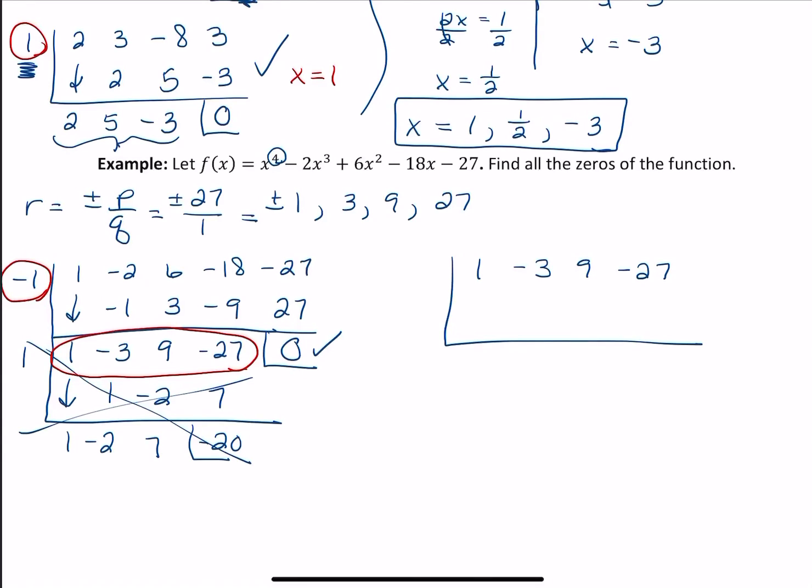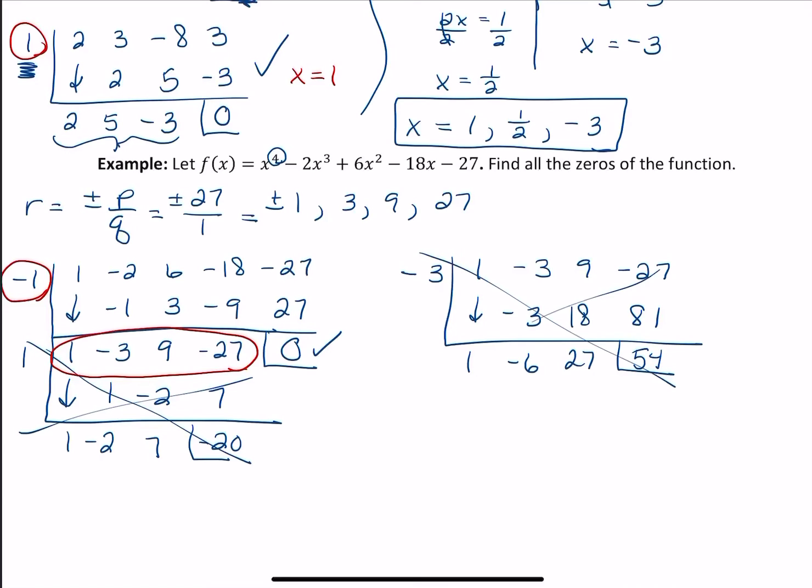And let's move over and try a -3. Bring down the 1 and then multiply. So that is 27. And that is definitely not going to give me a remainder of 0.